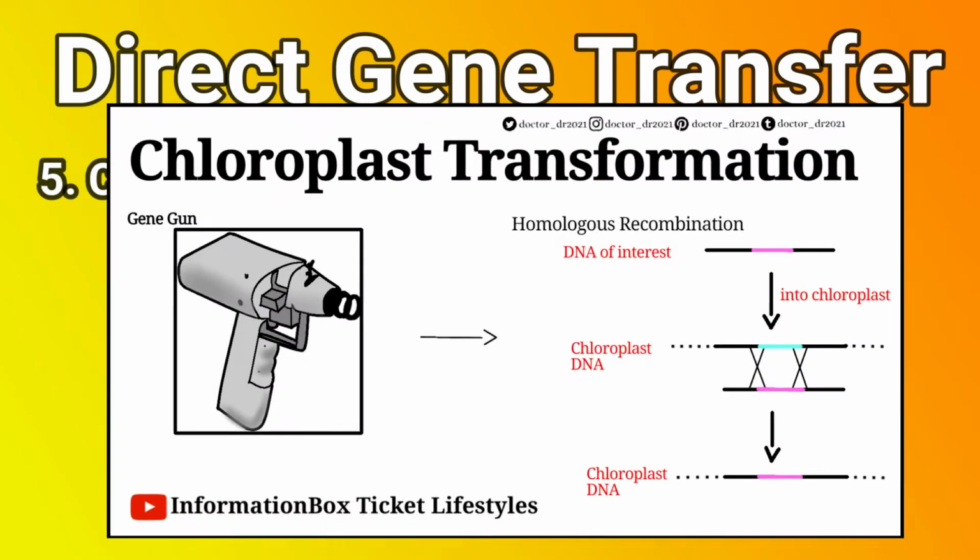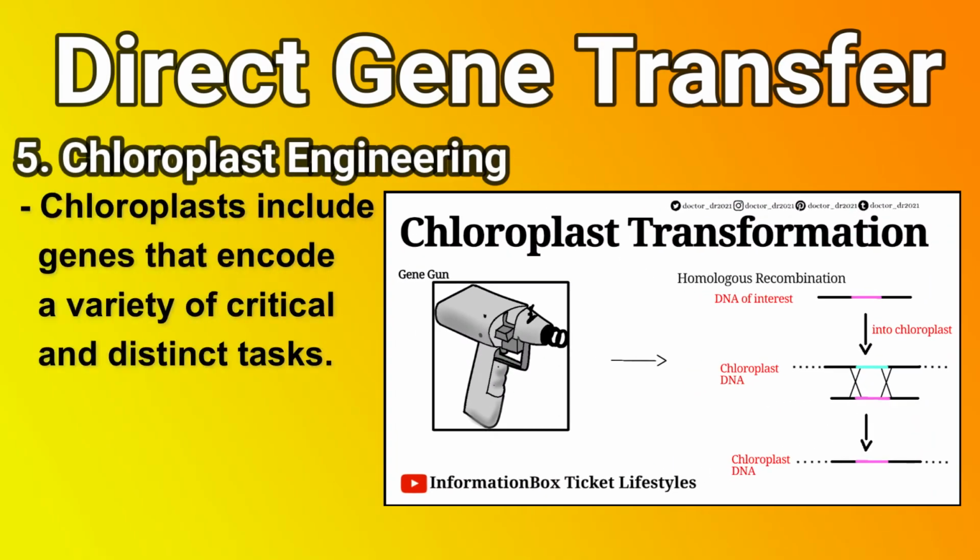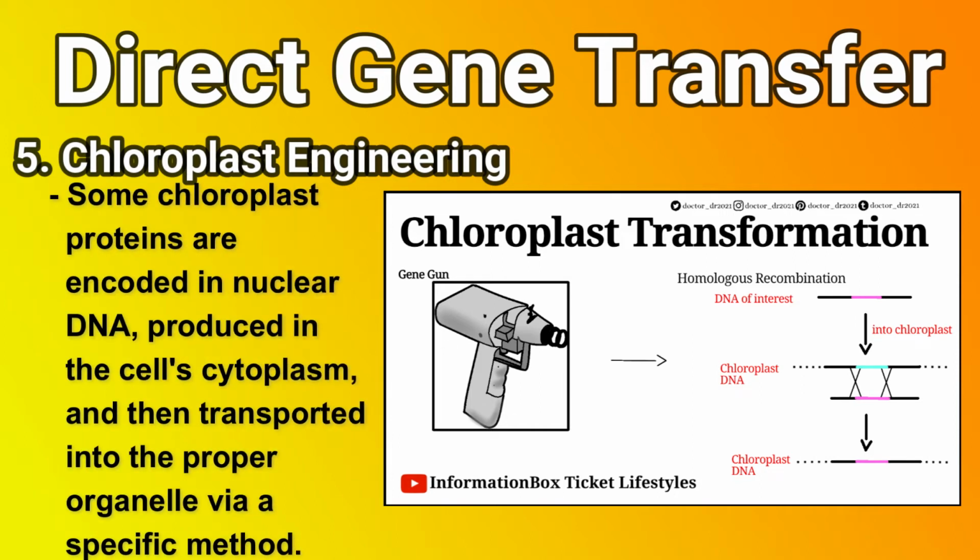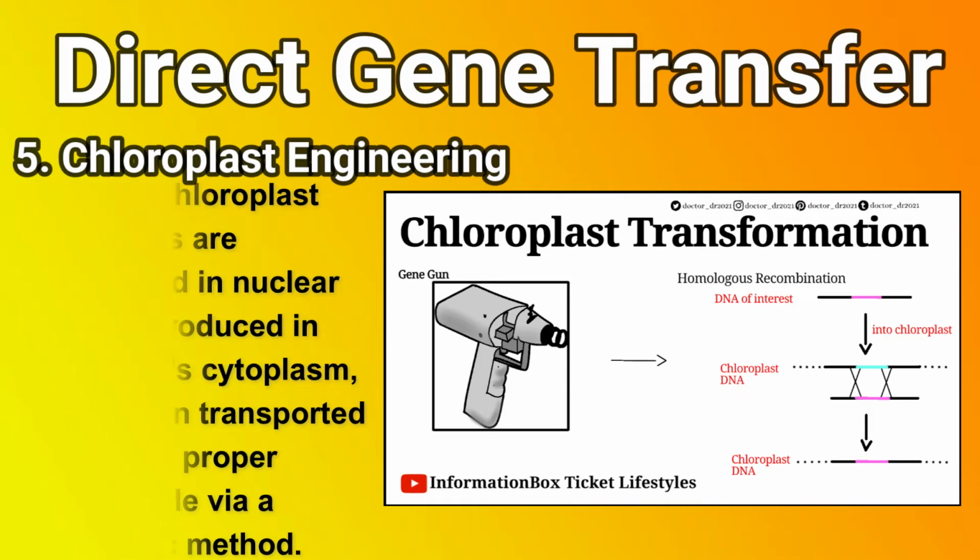5. Chloroplast engineering. Chloroplasts include genes that encode a variety of critical and distinct tasks. Some chloroplast proteins are encoded in nuclear DNA, produced in the cell's cytoplasm, and then transported into the proper organelle via a specific method.